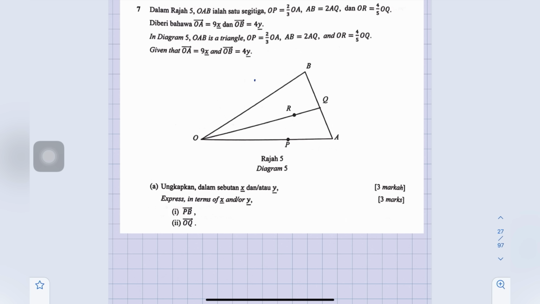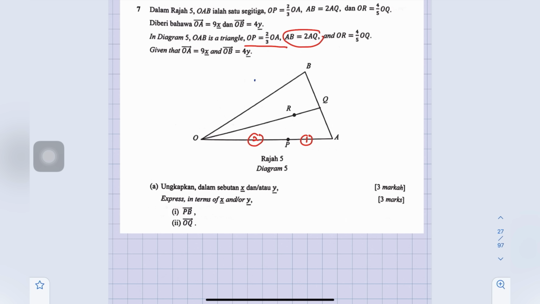Okay, so first of all, we need to label all the information given from the question on the diagram. Here OP equals 2 over 3 OA, meaning that OP is 2, OA is 3, so this one is 1. Then AB equals 2AQ, so AB is 2, AQ is 1.